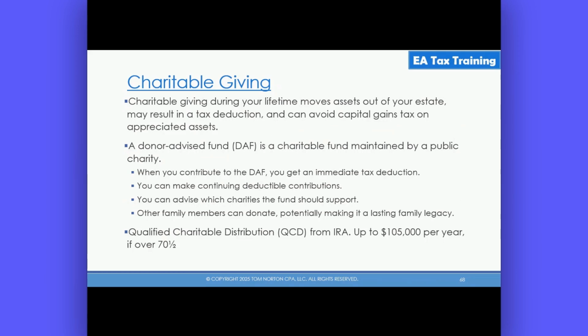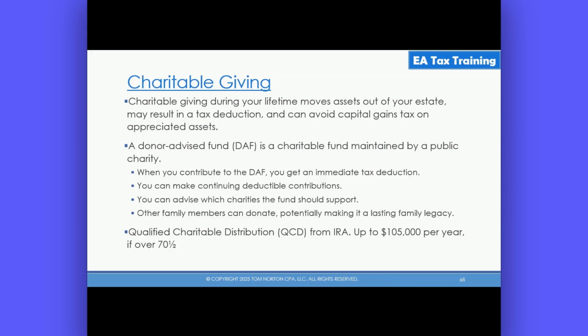So what you do is you contribute to the fund, you get a tax deduction for that on your Schedule A itemized deductions, and you can make continuing deductible contributions, and you also get to advise which charities the fund should support. So you've got some control over saying, okay, I'm giving to this fund, I would like the fund to support A, B, and C charities, and it will do that.